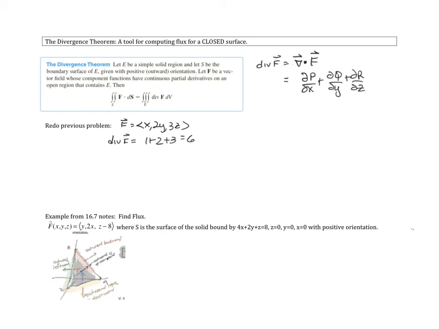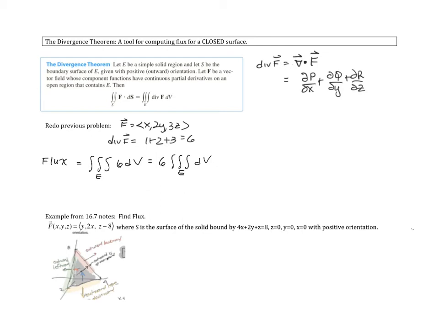And so for the last problem that we just did, the flux, which we broke into 6 pieces, we could do this instead as the triple integral of the divergence of F over our solid, where our solid was that cube. Now, you know how to set up that triple integral, but in this case, this is 6 times the triple integral of 1 dV.